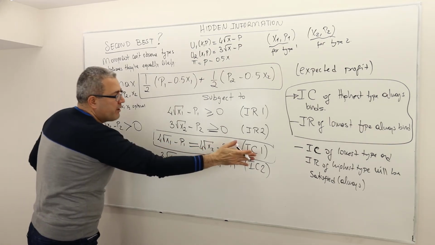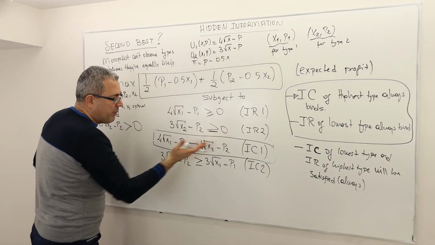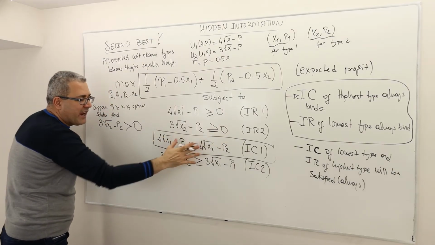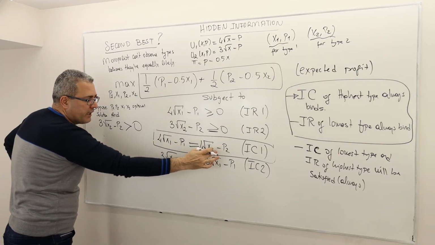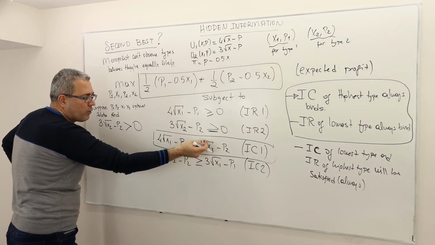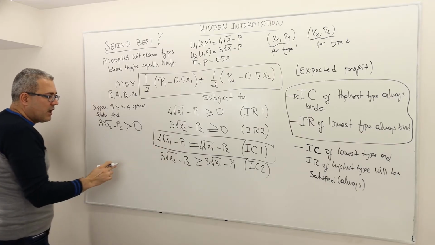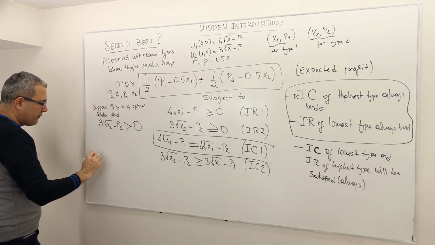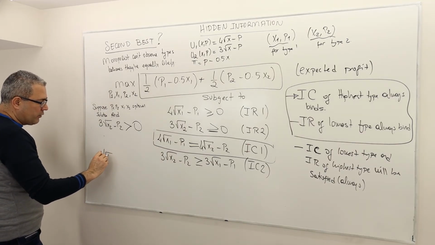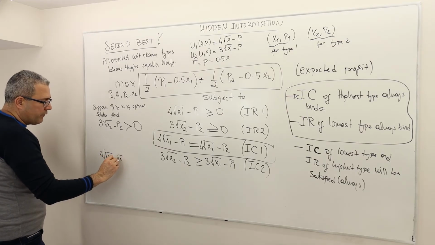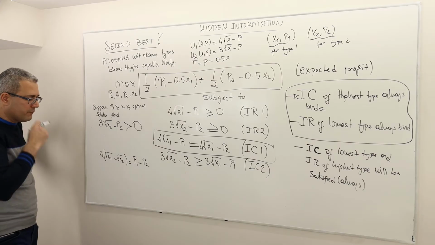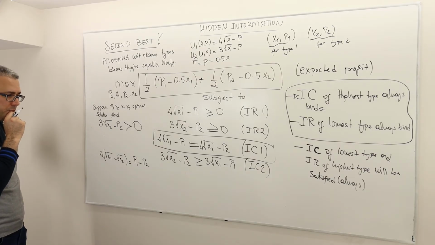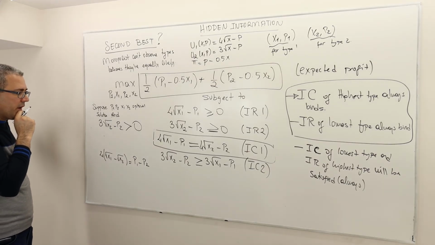Remember this constraint is binding. If you rearrange this constraint, send p1 to the other side, pull this 4 squared of x2 to this side, what I'm going to have is the following: 4 times the difference of square root of x1 minus square root of x2 is equal to p1 minus p2. Agree? Yes. Okay, what else?